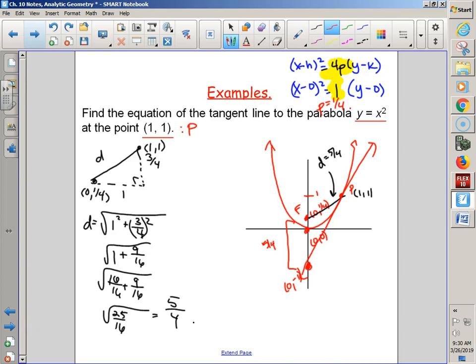So step number 1, find the distance. Step number 2, go the distance, to get 5/4. And then step number 3, find your line.